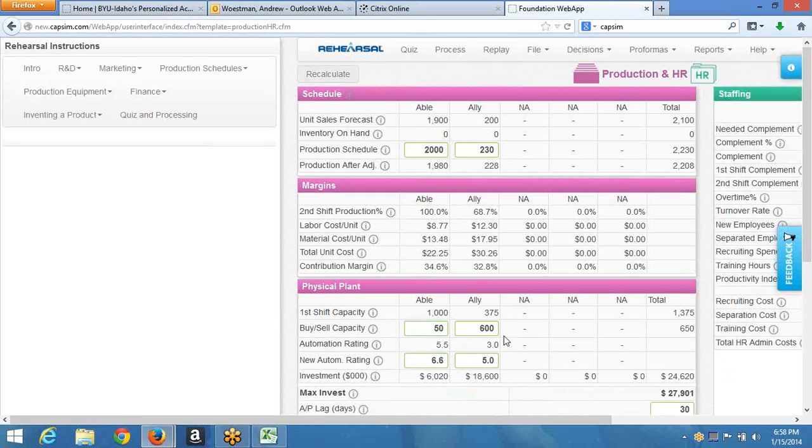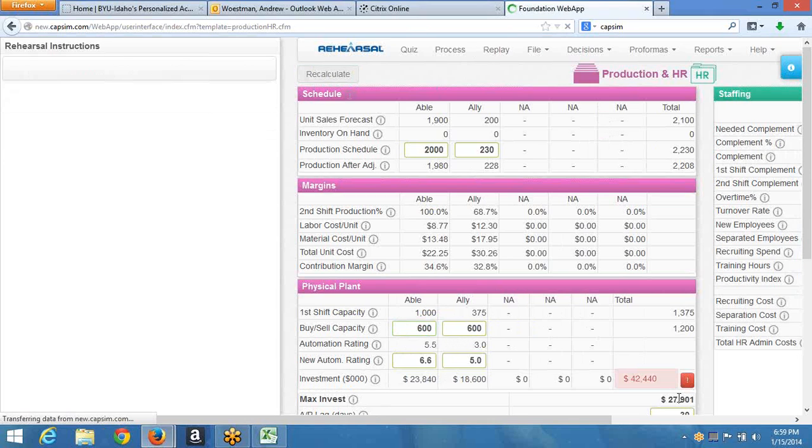So some of you are wondering why I could put 600 in here whereas I'm only doing 50 in here. Well, the more automation you have, the more it costs to buy capacity. So if I tried to buy 600 capacity for Able, it would actually cost probably 27,000 all on its own.